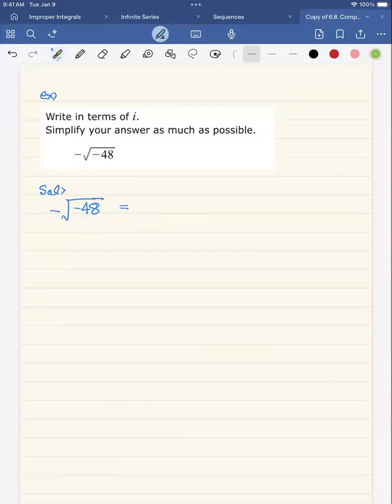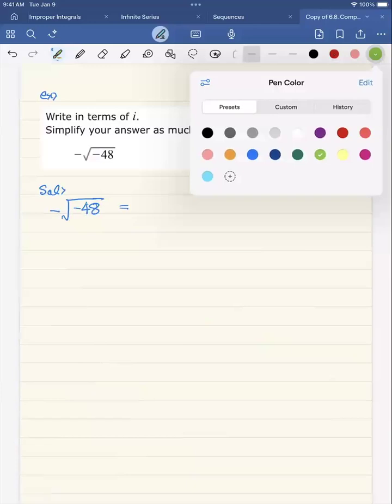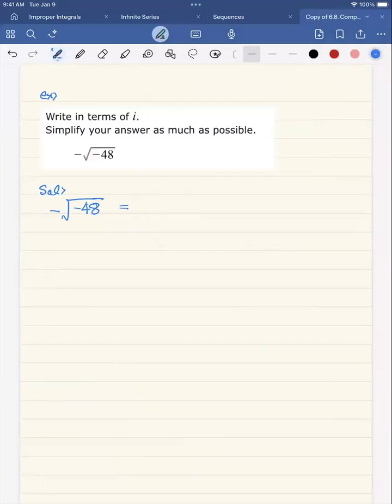In the following problem, we have to write the given expression in terms of i. Remember that square root of minus b can be written as i times square root of b when b is positive.